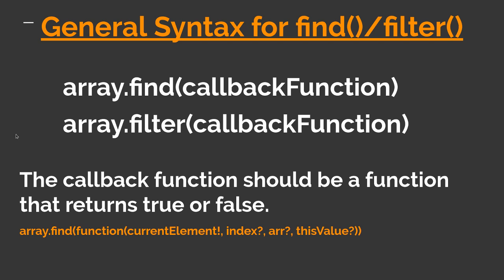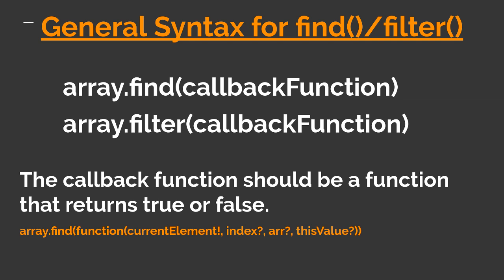The verbose syntax is down the bottom. So that function can take four inputs. One of them is required, and whatever we name that will be the current element in the find and the filter.